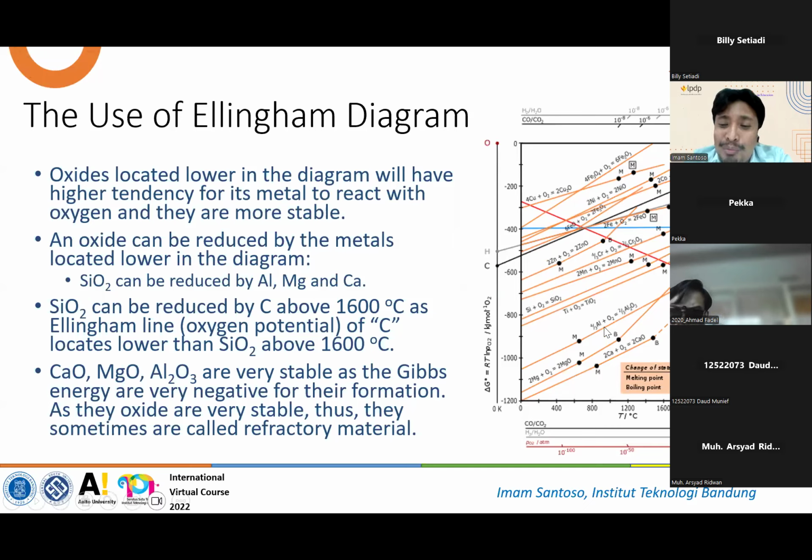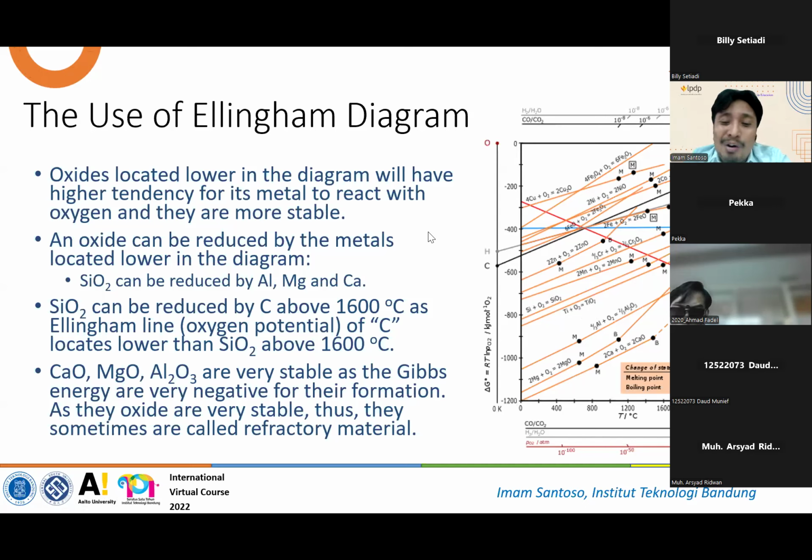Can aluminum reduce TiO? Yes, it can, because aluminum is below titanium. Can silicon reduce titanium oxide? No, it couldn't. So a reductor, a metal that can reduce an oxide, needs to be located below that oxide.